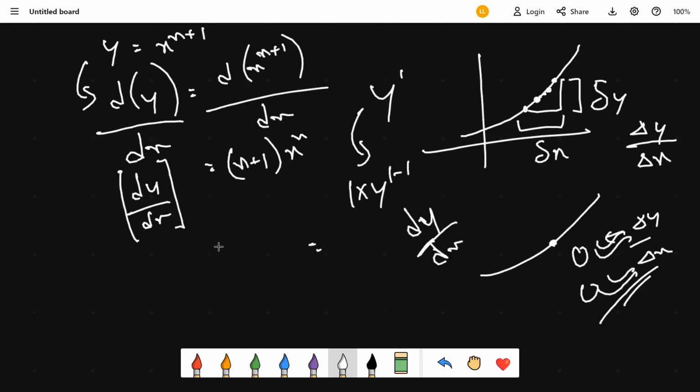That's how it works. What we saw in the previous lectures was a simplified version, but the actual method is this one, that we're differentiating both the sides. If we perform an operation on one side, we have to perform the same operation on the other side, isn't it? So we are doing the same thing.